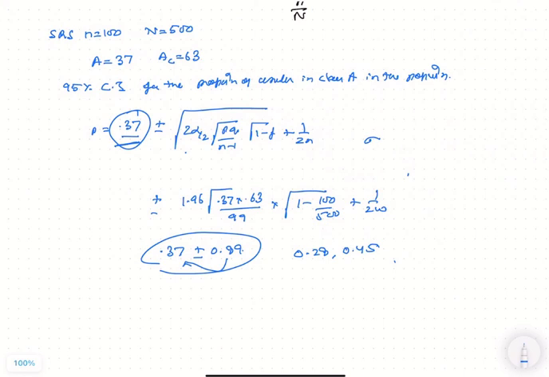So this is sigma y bar, and it's an estimator, because the real sigma y bar or standard error would require the population p and q, but we don't have them, so we are just estimating it, and that is why we get this number. And this is all there is to calculating the confidence interval. The whole idea of being able to calculate this confidence interval is that all of this can be assumed to be a normal approximation.